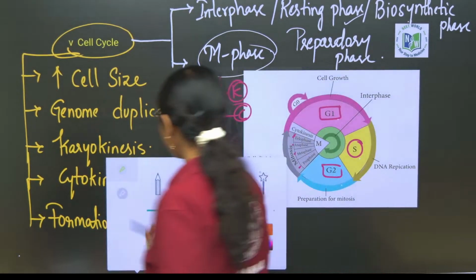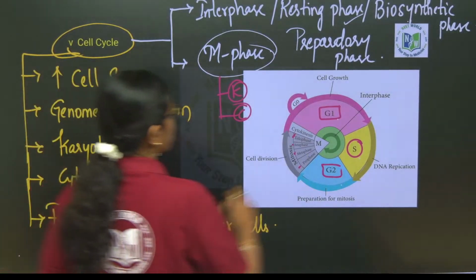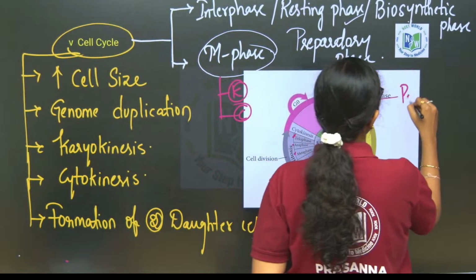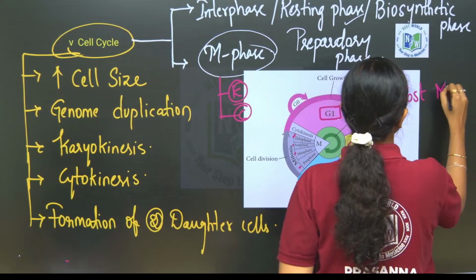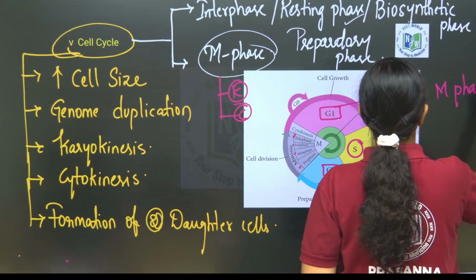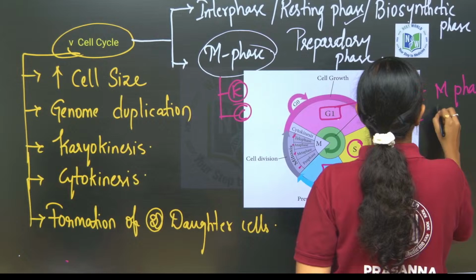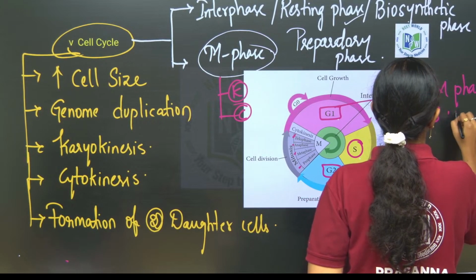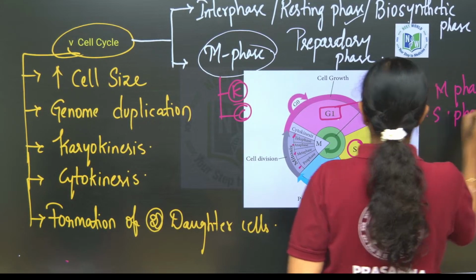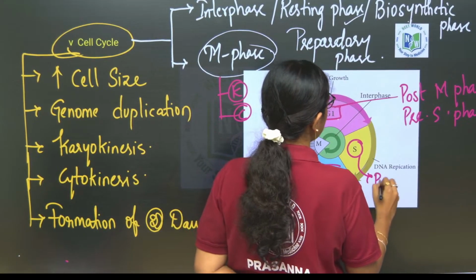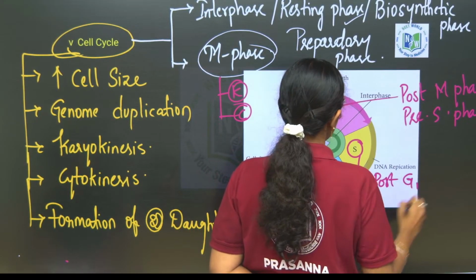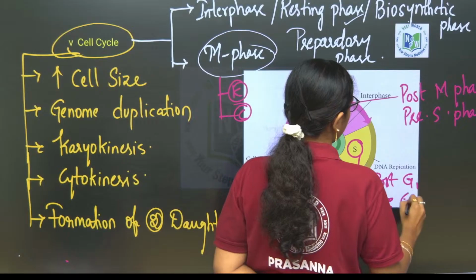Take down quickly. So, G1 phase can be post M phase or pre S phase. S phase is also called as post G1 phase and pre G2 phase.